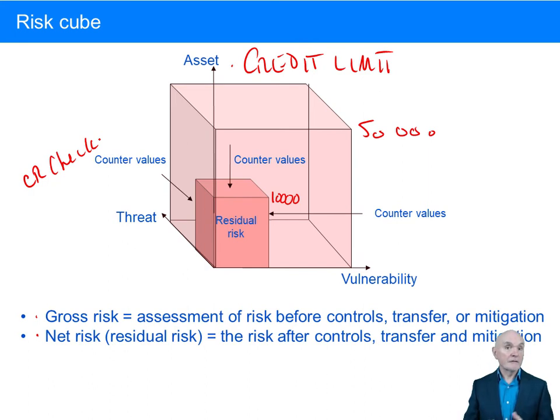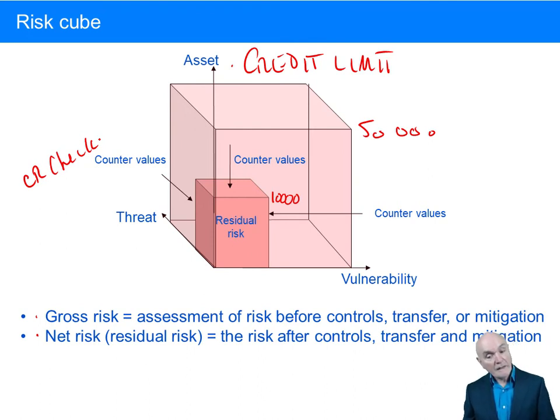You can get maybe references from their bank. If you do these credit checks and everything comes in looking good, then the threat of them going bad, even for 10,000, is much lower. But if you just accept any stranger as a credit customer, then the threat of a random customer going bad is quite high. So do a credit check to reduce the threat.